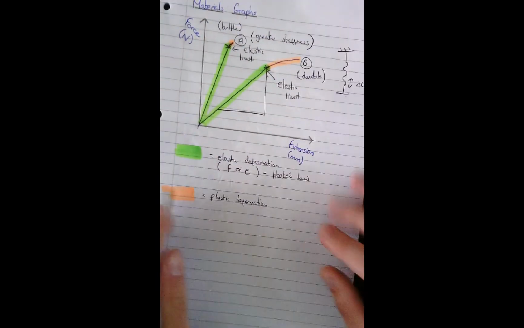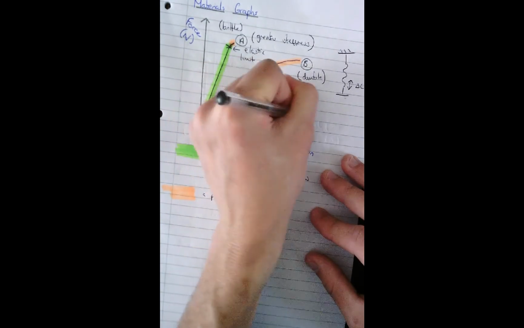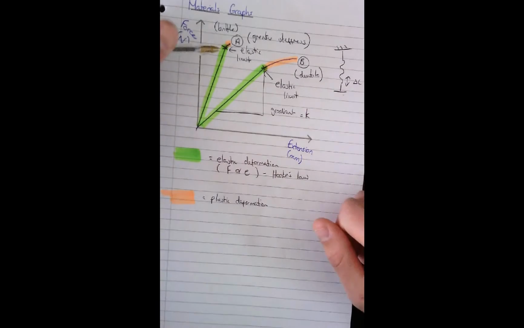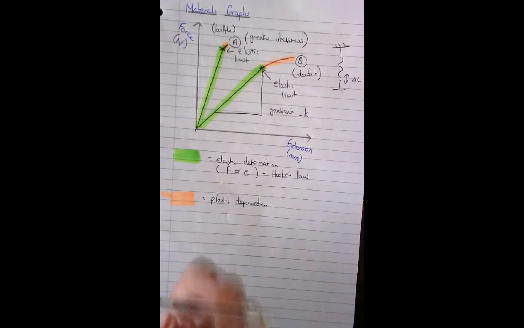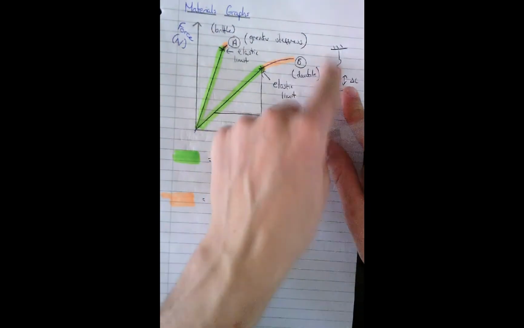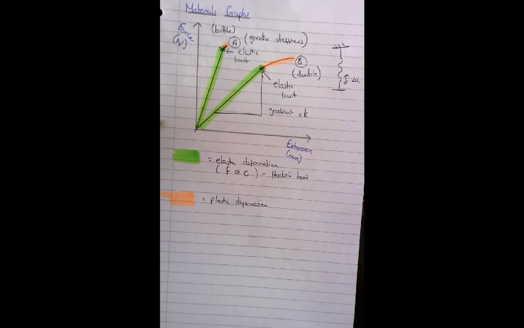We've got the fact here that the gradient gives us K, the spring constant or stiffness. The other thing that's relevant about this graph is the area underneath it. Now, remember how this graph is being produced. We're adding force to these materials and we're extending them.